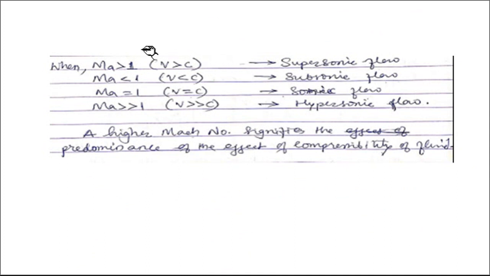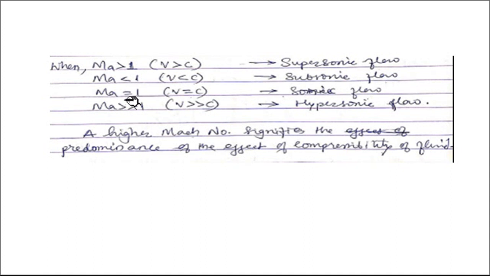You can see if the Mach number is more than 1, then the flow is classified as supersonic flow. Supersonic means the fluid flow velocity capital V is more than the velocity of sound in a given fluid at the given conditions. If Mach number is less than 1, so capital V is less than C, it is termed as subsonic flow.